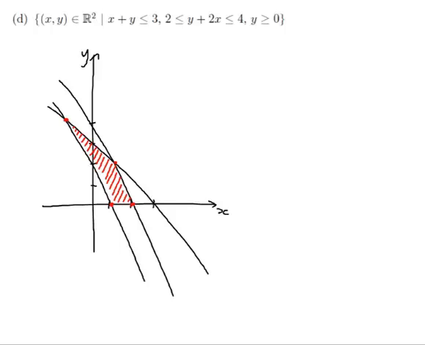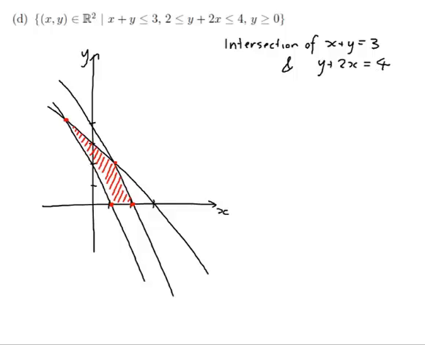And that's where the lines x plus y equals 3 and y plus 2x is equal to 4 meet. So we want the intersection of x plus y equals 3 and y plus 2x is equal to 4.